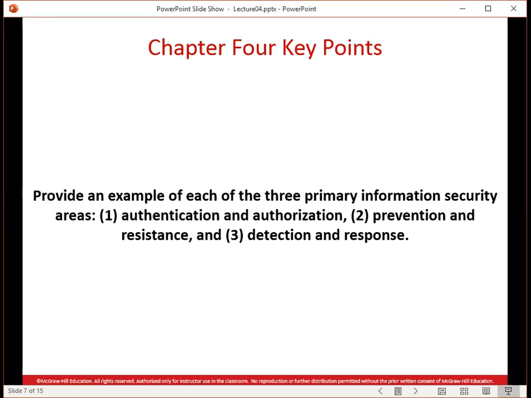So let's look at examples for the three primary information security areas: authorization and authentication, prevention and resistance, and detection and response. Authentication and authorization involves authentication as a method for confirming users' identities.